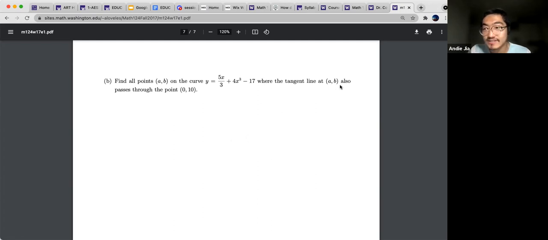In this case, x equal to a passes through 0 and 10. Then use the slope formula, y2 minus y1 over x2 minus x1, to find the slope m, and that is your answer. Then find the point once you have found the equation.